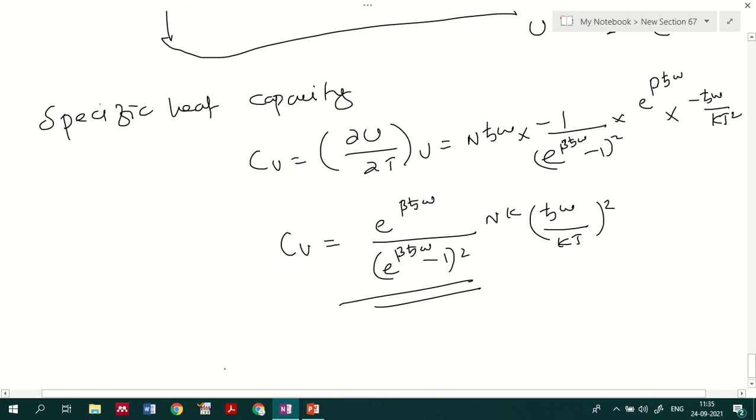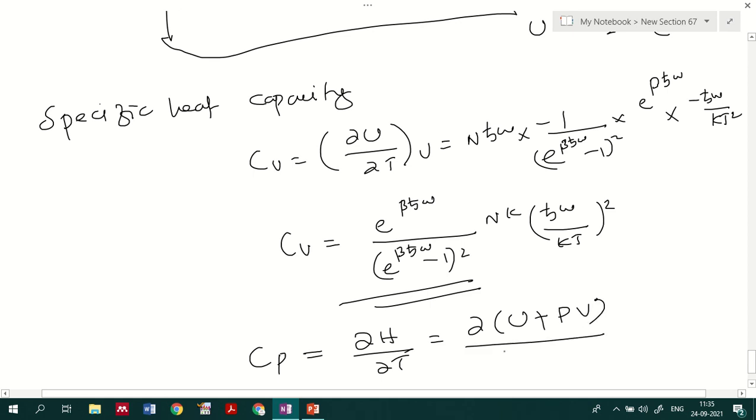And next we will be addressing Cp, that is the specific heat capacity at constant pressure, that is dou H by dou T. Okay, that is equal to dou by dou T of U plus PV, where U is the internal energy, P is the pressure, and V is the volume.